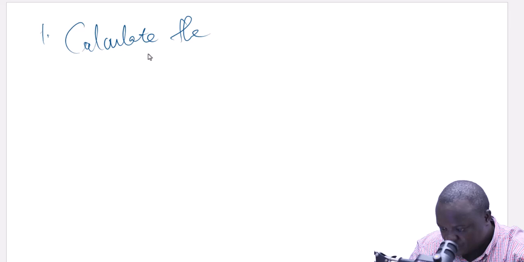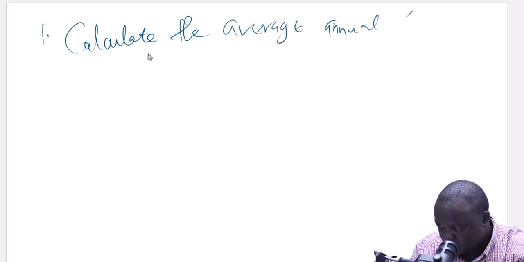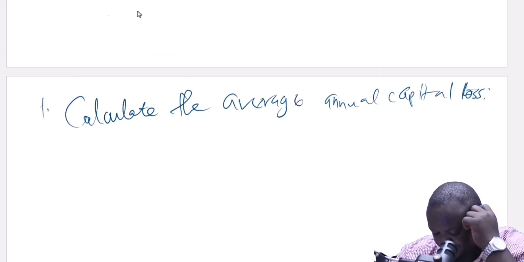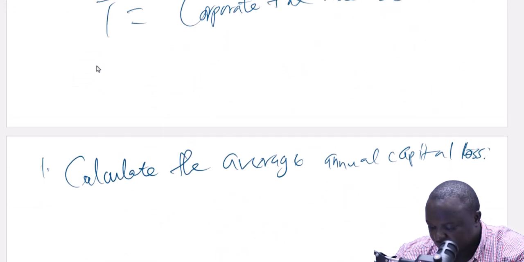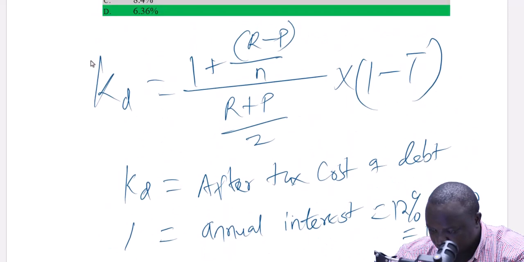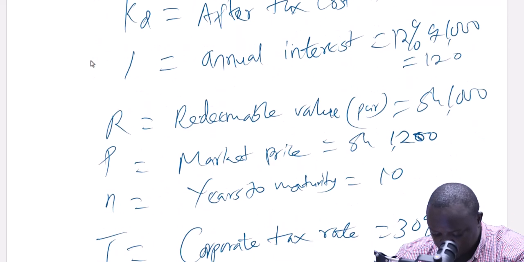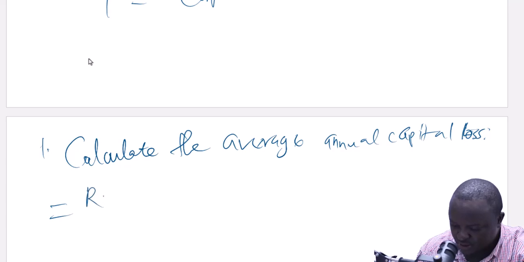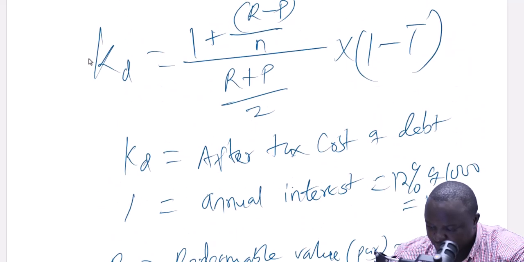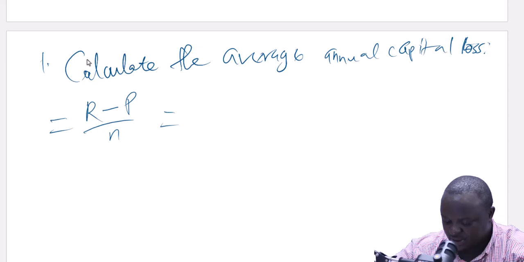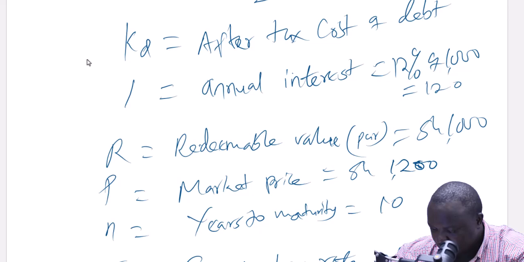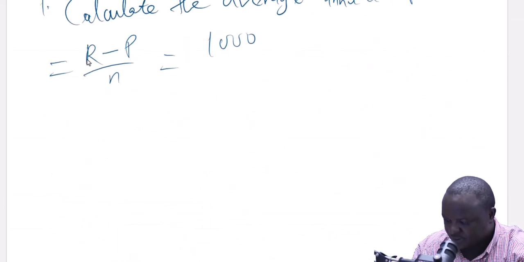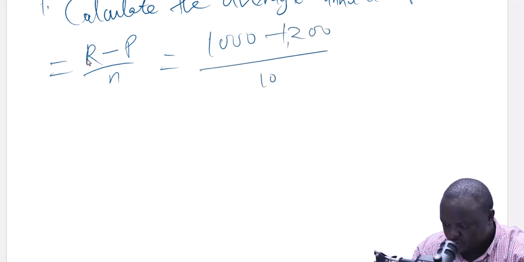That is going to be R minus P over N. The R we were given is 1000, P is 1200, over N, which is 10 years.